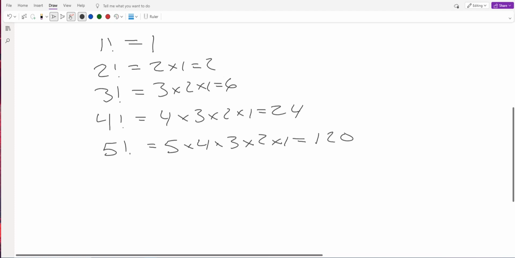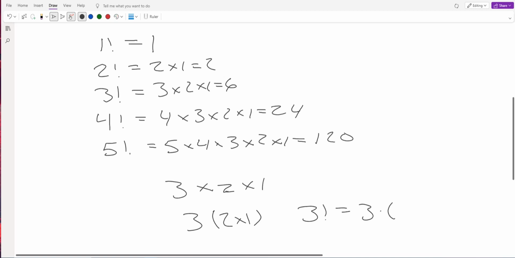And so we can see this cool relation here where we can multiply. Let's take 3 for example. So 3 factorial, if we multiply 3 times 2 times 1, this is the same as multiplying 3 times 2 times 1. And this right here is 2 factorial. So 3 factorial is equal to 3 times 2 factorial.